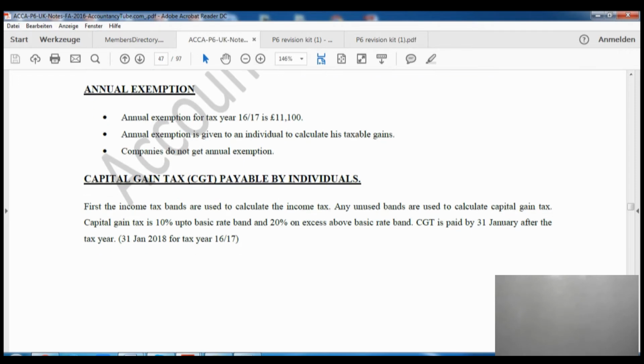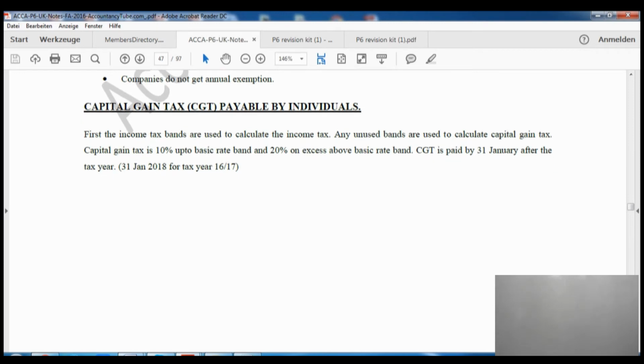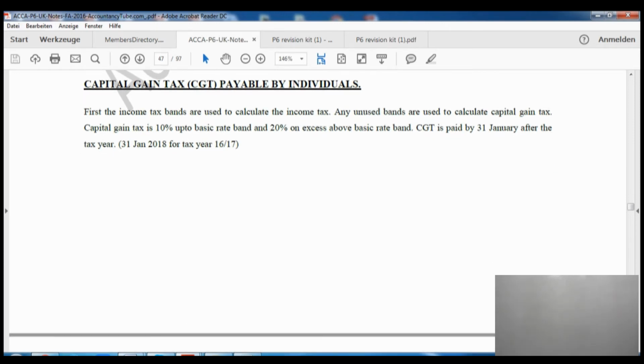And then it says annual exemption for our current tax year. As I said, it is 11,100, but only individuals will be eligible for that. No company will get the annual exemption. Then it says capital gains tax payable by individuals. It is 10% and 20% up to the basic rate band, as I said, and 20% on excess of the basic rate band.